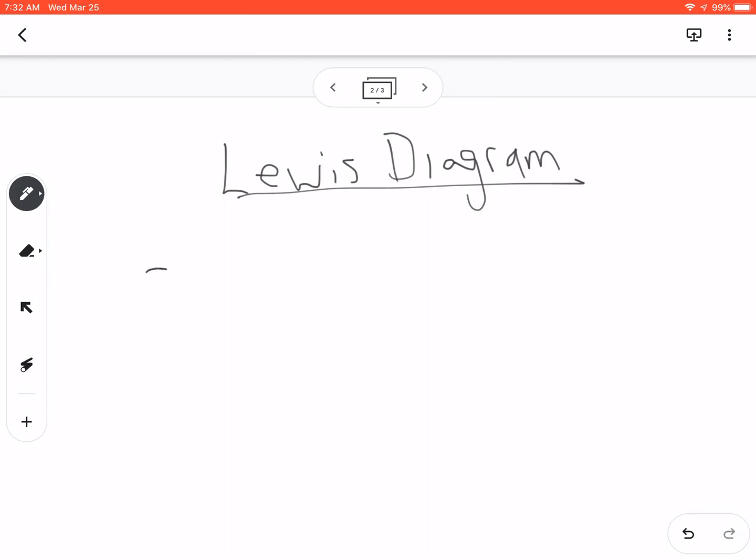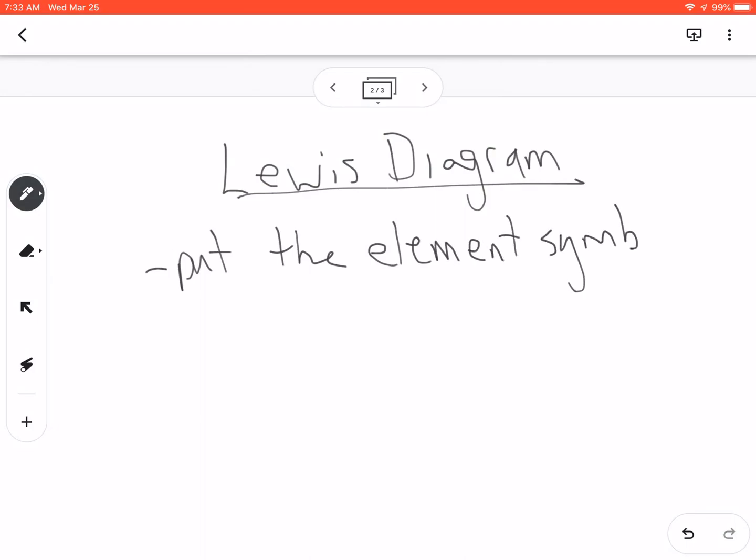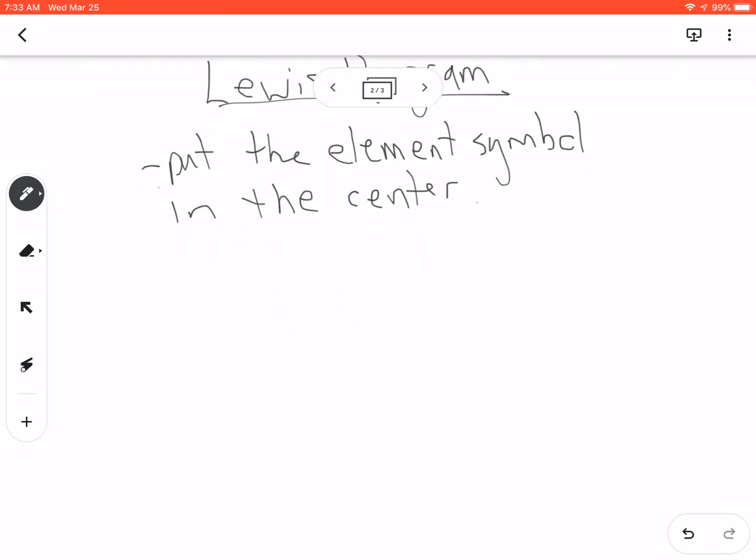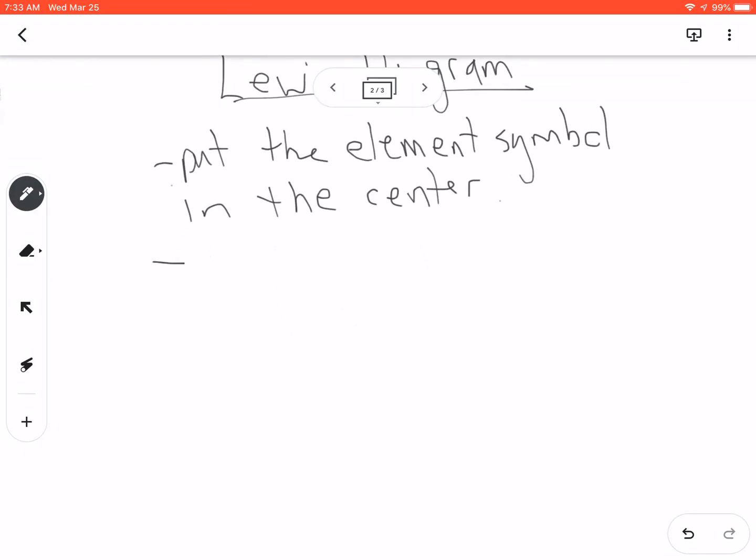In a Lewis diagram, instead of putting the protons in the center, we put the element symbol in the center. All right, so the element symbol goes into the center.